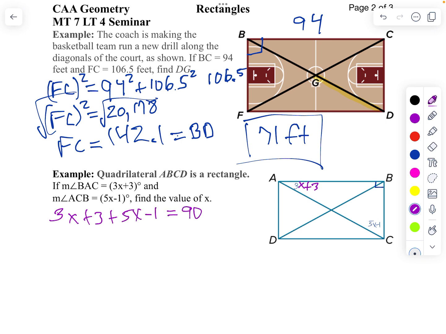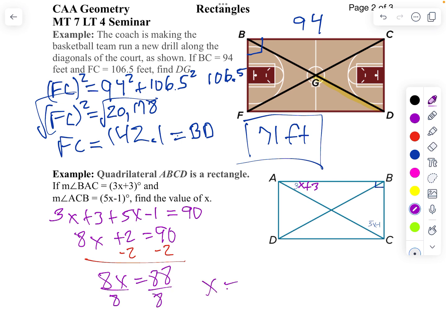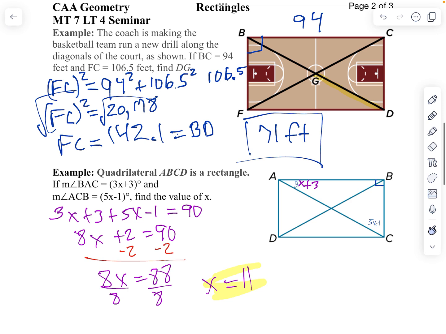And we're just going to solve for x. So we get 8x plus 2 equals 90. Solve that equation, minus 2 from both sides. 8x equals 88. Divide by 8. X is going to be 11. And that is what we're looking for. We're looking for x there.